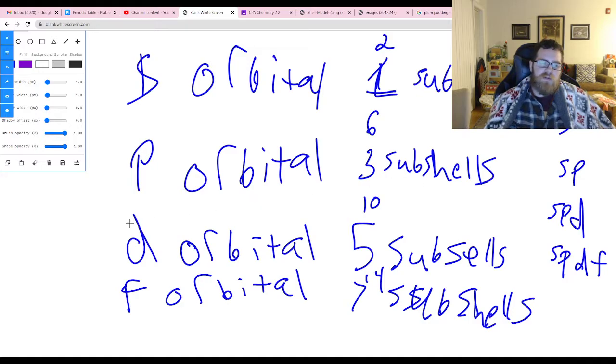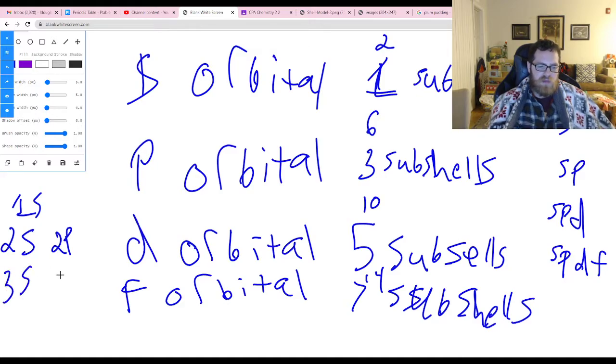So our very first layer only has what we call a 1s orbital. It's in the first layer, and it's the first S. After that, we go to our 2s orbital, and then our 2p orbital. Then we go to 3s, and 3p, and so forth.